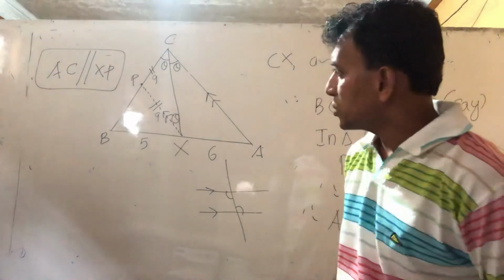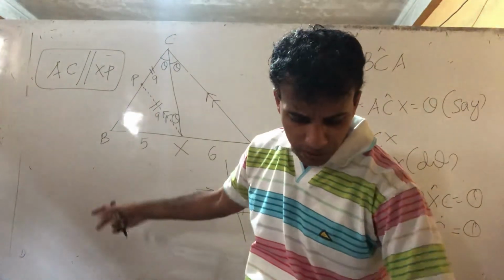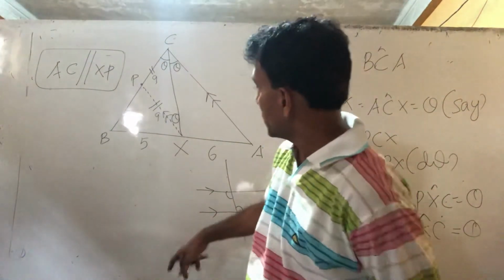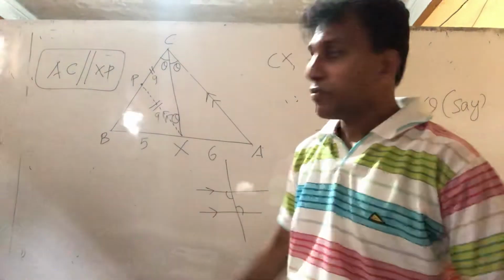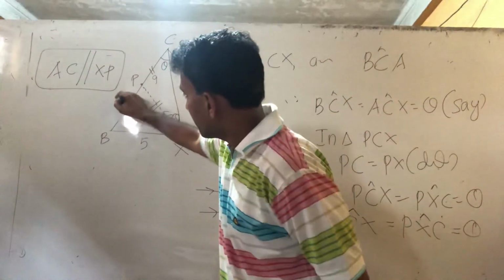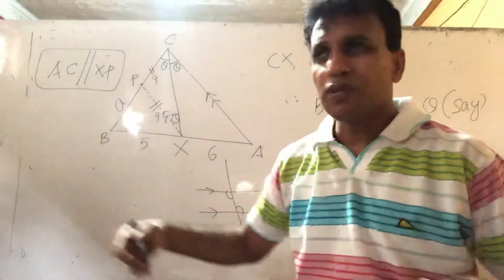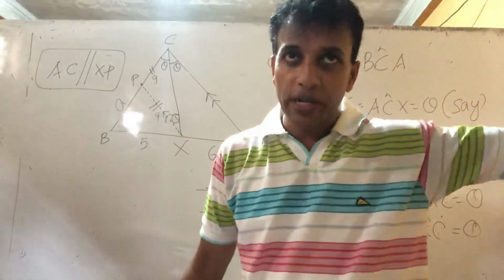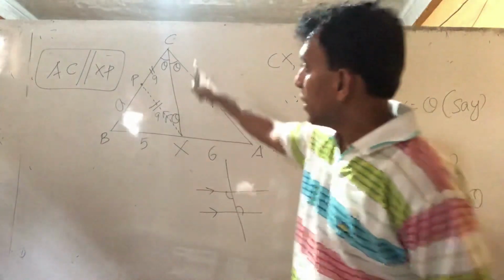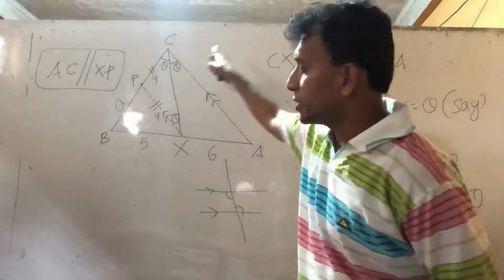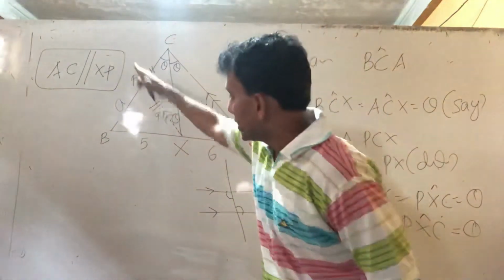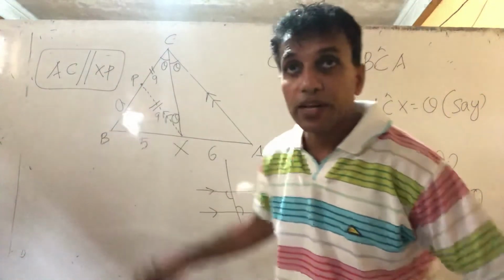Now come to the question: find BC. If I mark the unknown as a, then forget everything else and use the ratio theorem. In triangle ABC, this is parallel, therefore write the ratio.